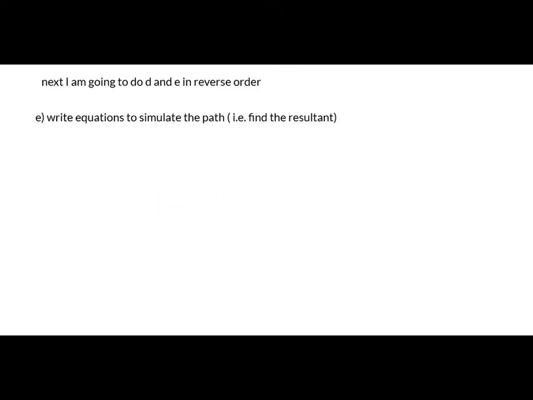Okay, so now I'm going to go in reverse order. I'm going to do D and E in reverse order. I'm going to do E first. So when it says write equations to simulate your path, that basically means find the resultant. And your resultant in this case, if you look back at your initial picture, you want to end up here.